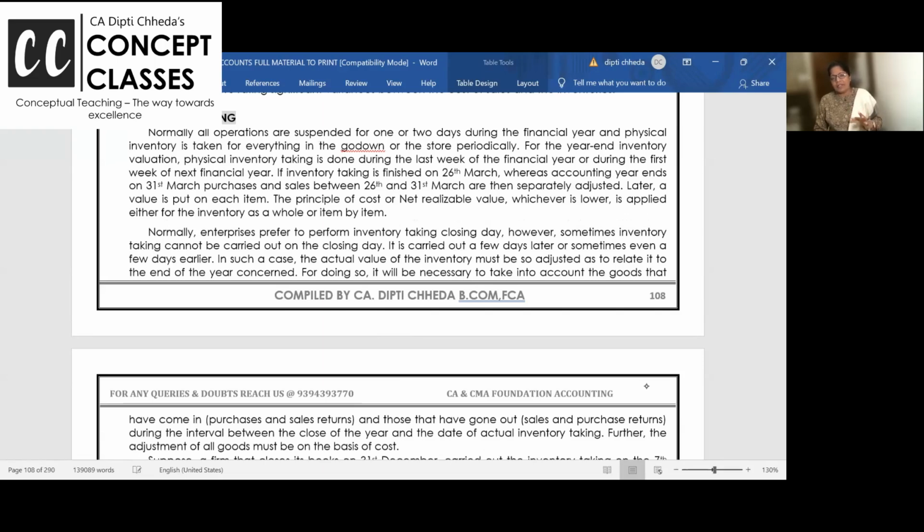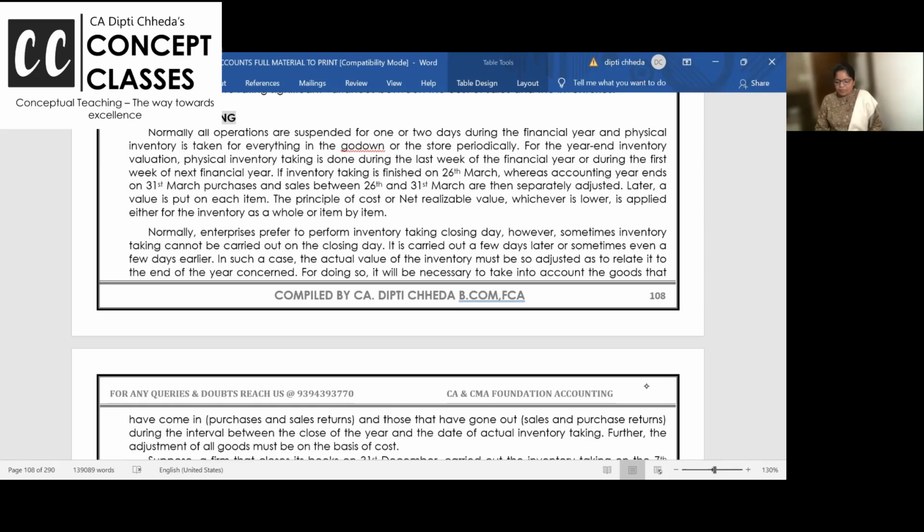For the year-end inventory, physical inventory taking is done during the last week of the financial year or during the first week. If inventory taking is finished on 26th March, whereas the accounting year ends on 31st March, and sales between 26th March and 31st March are separately adjusted.